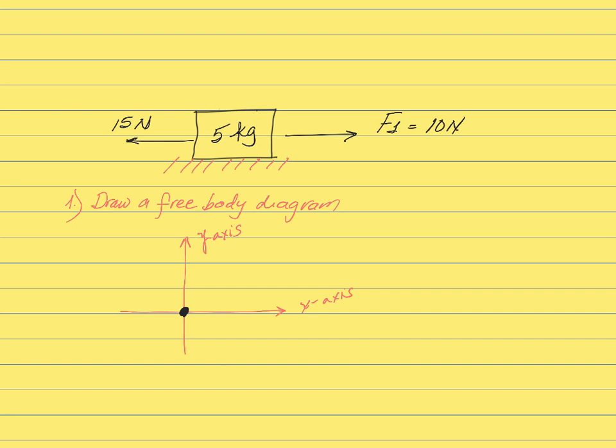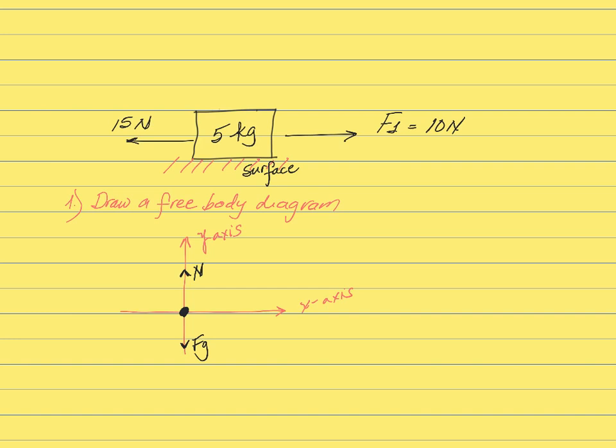Okay, so I have the gravity force that is acting down. I have a normal force, because over here I have a surface, and according to Newton's third law, for every action there is a reaction force. So if my object is applying a force on that surface, the surface is exerting the same force upwards.